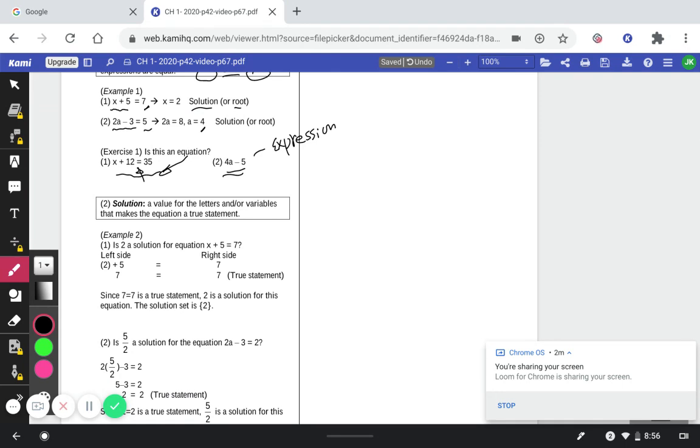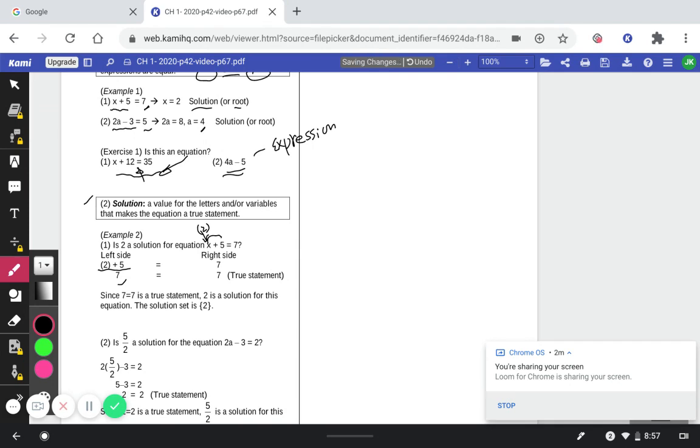A solution is a value for the letter or variable that makes the equation a true statement. So is 2 a solution for x plus 5 equals 7? Well, we are assuming the value of x is 2. So you plug 2 in place of x. 2 plus 5 is 7.